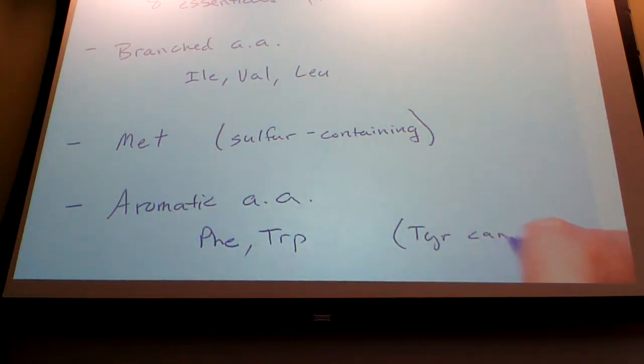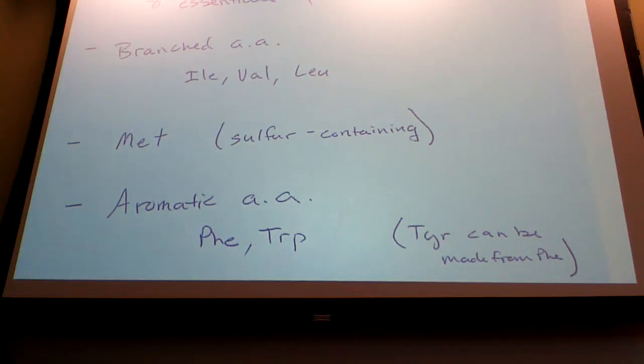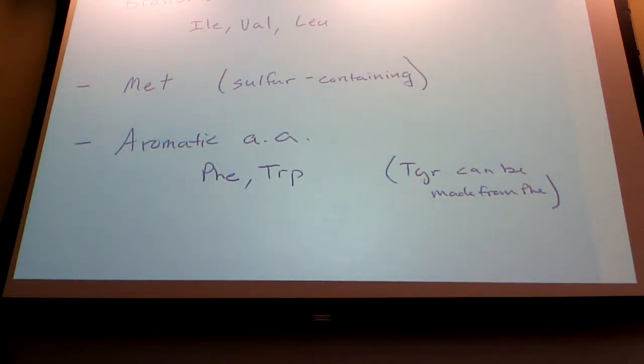Tyrosine can be made from phenylalanine, so tyrosine is not essential. Well, someone just asked, why can't we make methionine from the other sulfur-containing one? But you don't have enzymes that do that. Methionine is the essential one, cysteine is not. We have the enzymes to make cysteine.